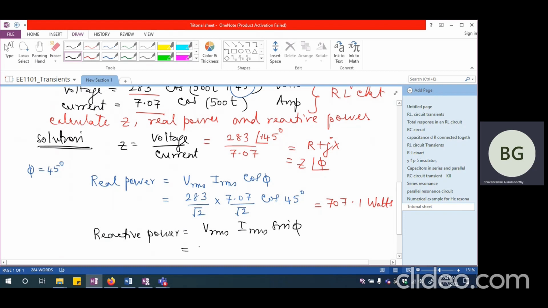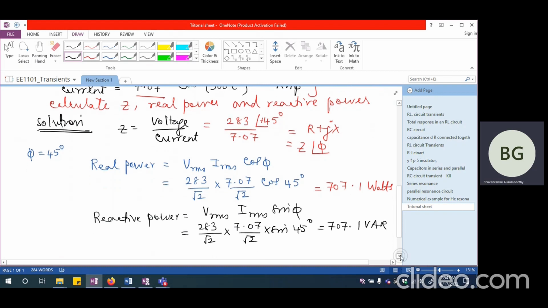So we should be able to write this as 283 divided by root 2 multiplied by 7.07 divided by root 2 multiplied by sine of 45. This will also come out to be the same value as that of wattage, 707.1 VAR. This is the volt ampere reactive.